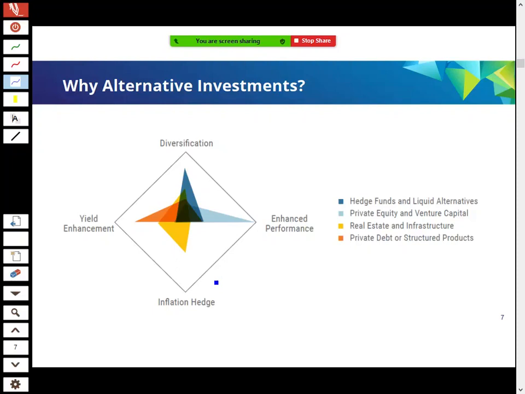In general, for diversification, we look for hedge funds mostly. If you want to improve your performance, we look at PE and VC. Recently, there's a lot of talk in the market about unicorns, so venture capital is the investment vehicle for investing in unicorns.